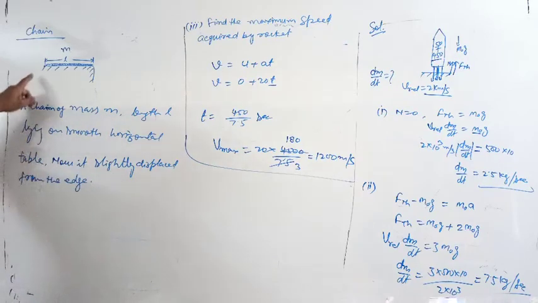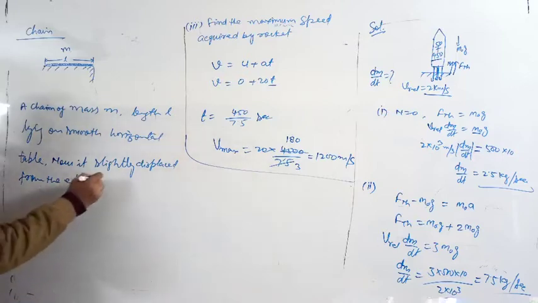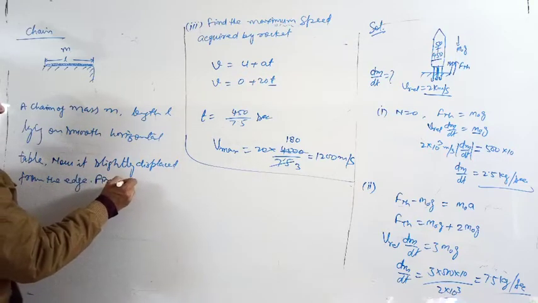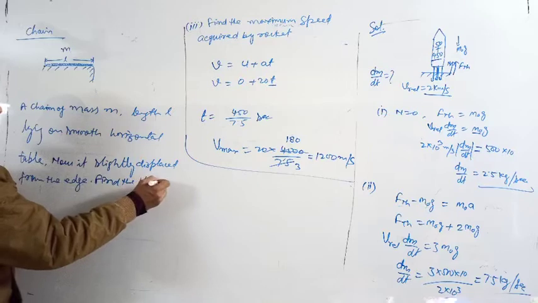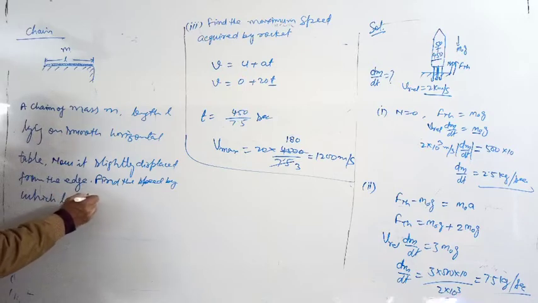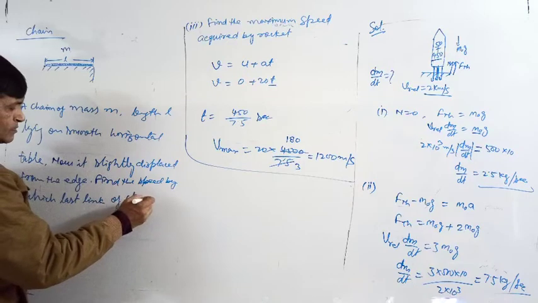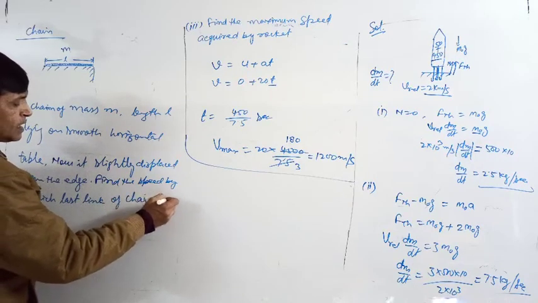Find the speed by which the last link of the chain will leave the table.